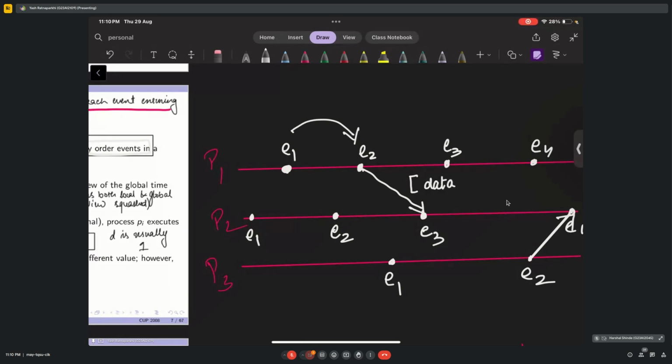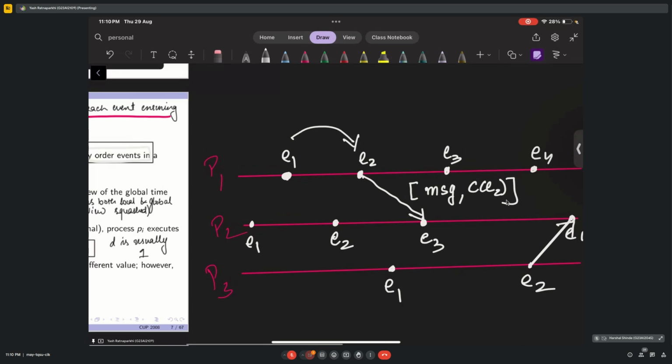First one is the message, plus the timestamp of E2. I can write it as C of E2. These two things will be sent to E3. Why will it be sent? Because if we want to maintain the order of total relationship, I know at what time E2 occurred. Correct? So in this scenario, the message will go, plus that particular timestamp of E2.